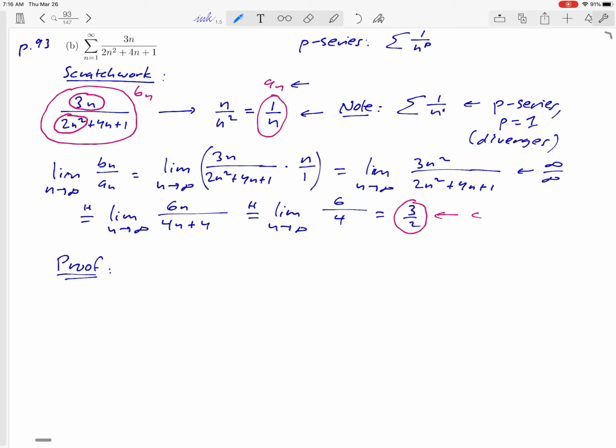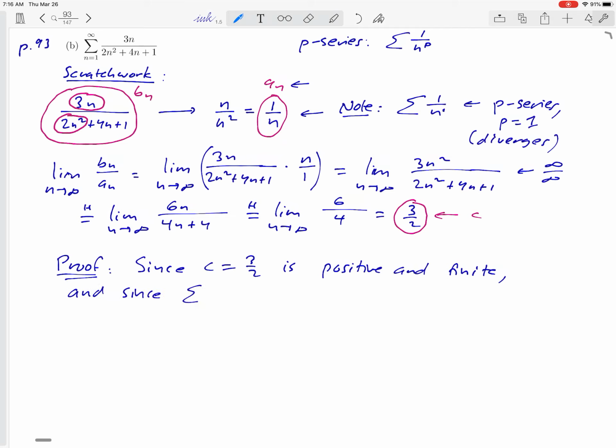So here comes our proof. We're just going to explain all of the pieces, the calculations that we did above. Starting with the calculation of c, that's a positive and finite number. The next thing that was important is the series an, 1 over n.